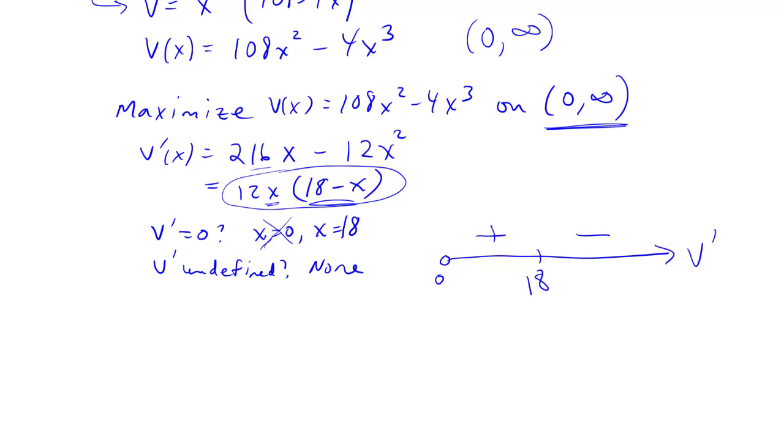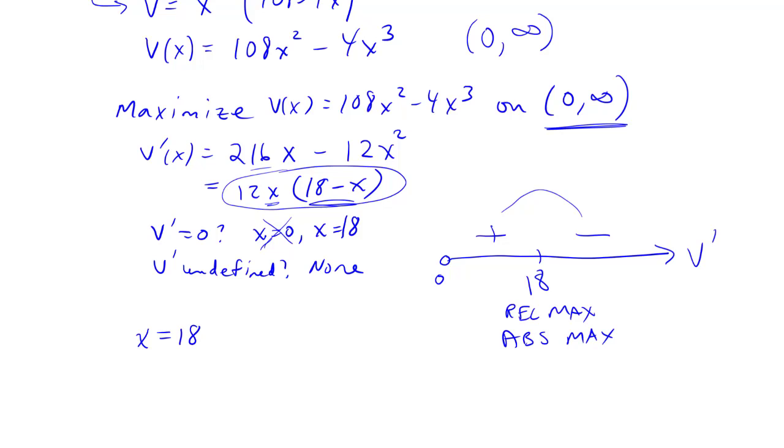And so we would have increasing before, decreasing after. So that would make this a relative max. But because it's always increasing before and decreasing after, this would also have to be our absolute max, telling me that I should take x to be 18.